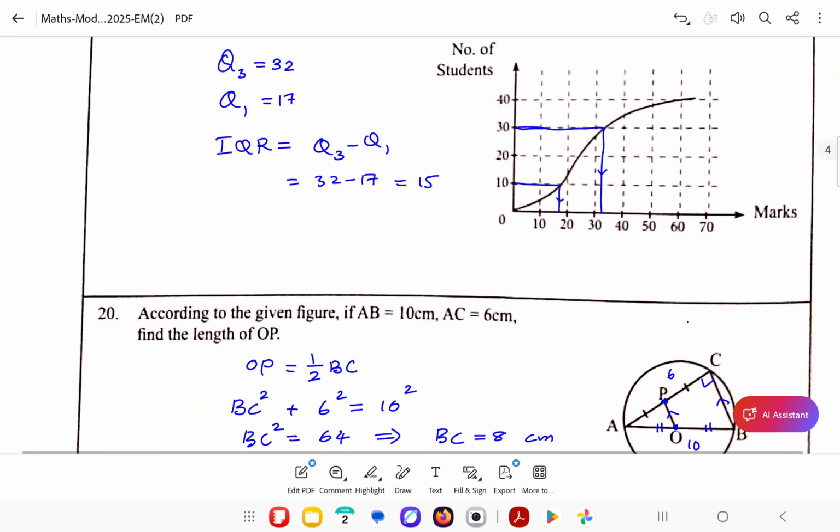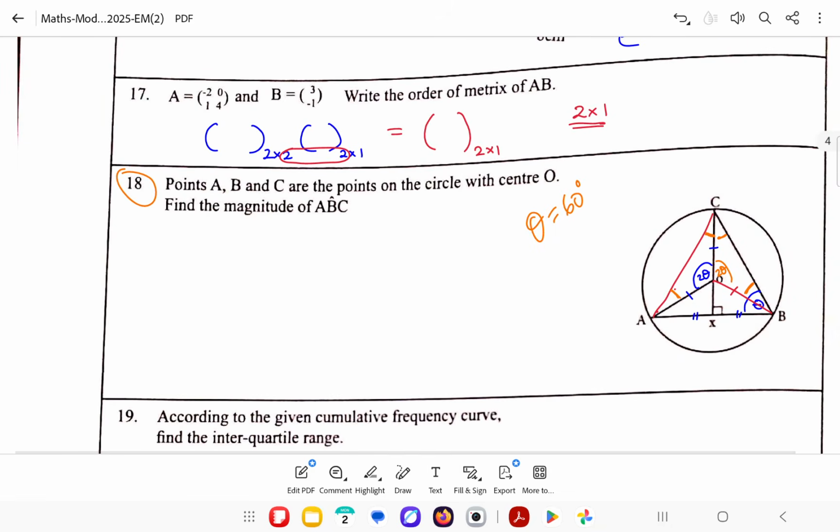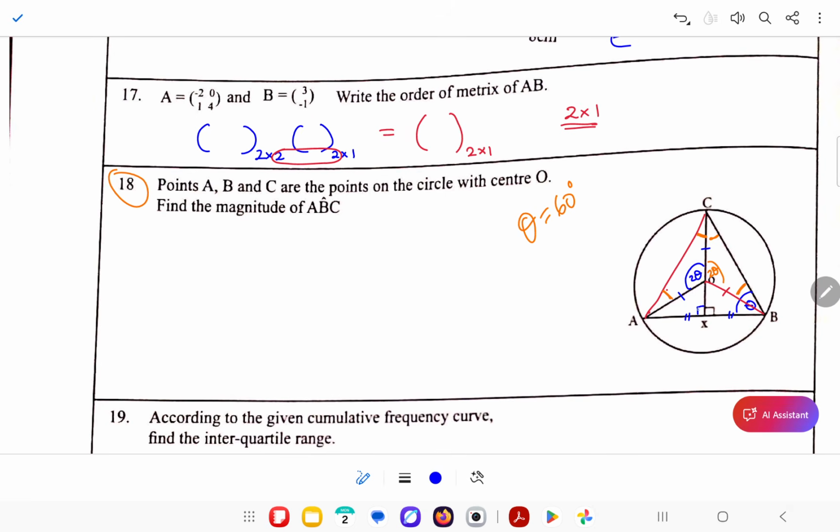Right, now let's go back to that question number 18. So 90 minus theta, 90 minus theta, 90. Let's see, 2 theta, 2 theta. AOB. This is 90.